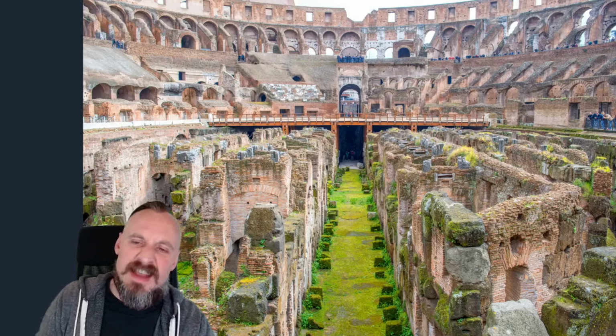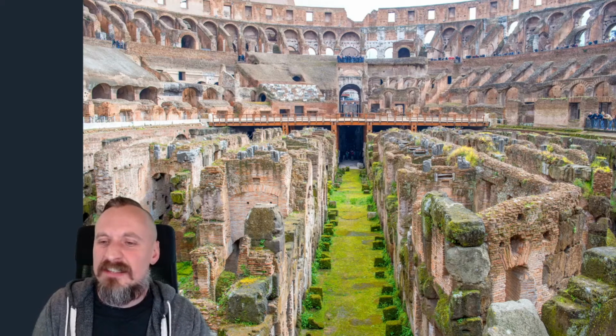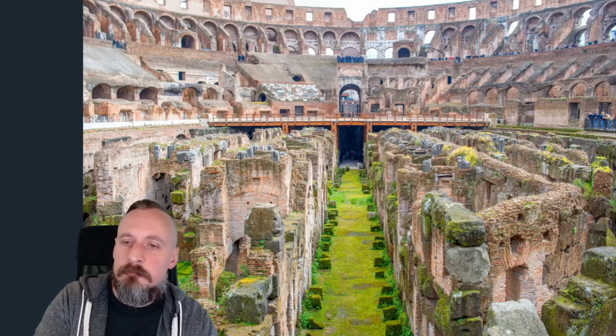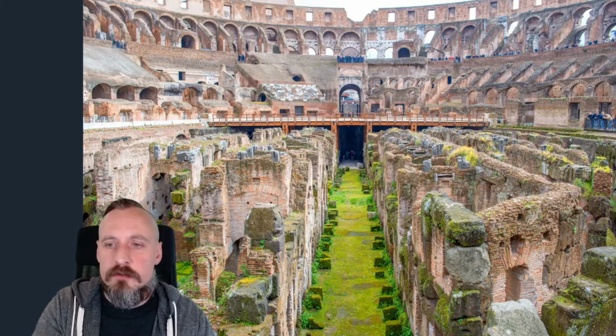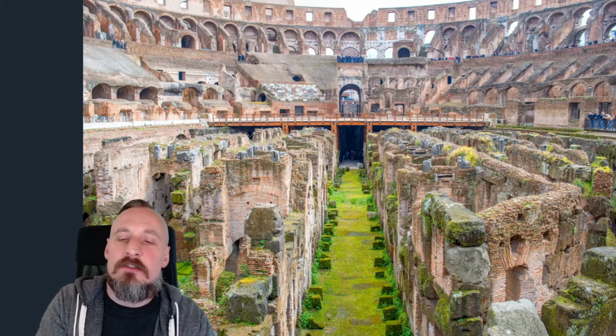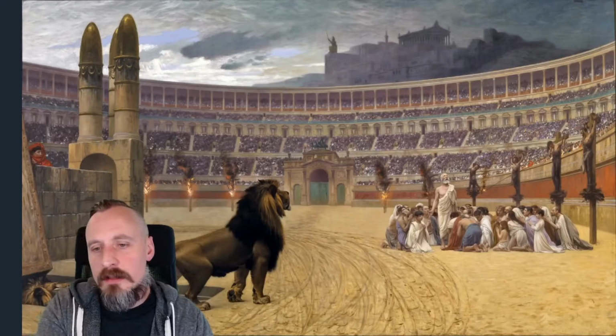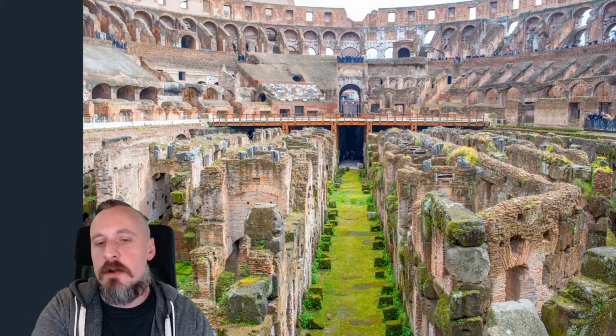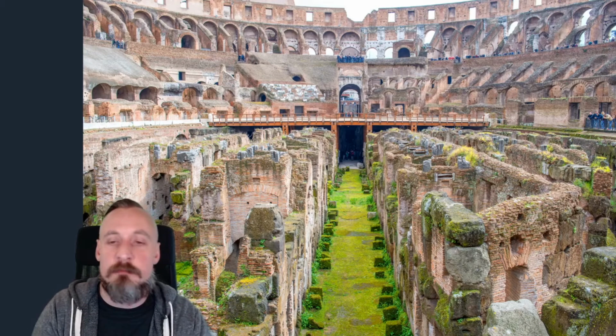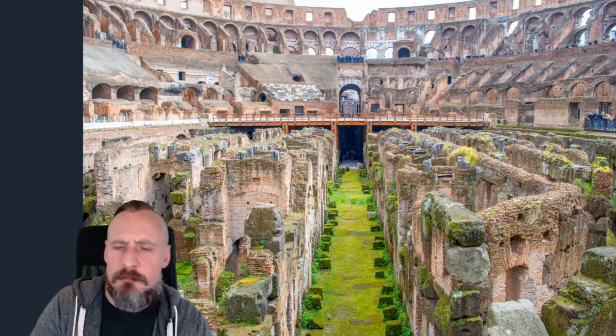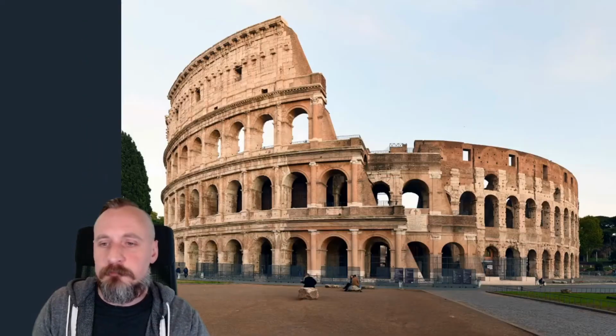The Colosseum today is, of course, in ruins, but still exists. Here you can see in the distance, the orange is a new construction, and that is just where tourists can stand, but it is where the floor would have been. Underneath the floor of the whole Colosseum, there was a structure with slave quarters and preparation rooms and animal holding pens and all kinds of crazy stuff like that.